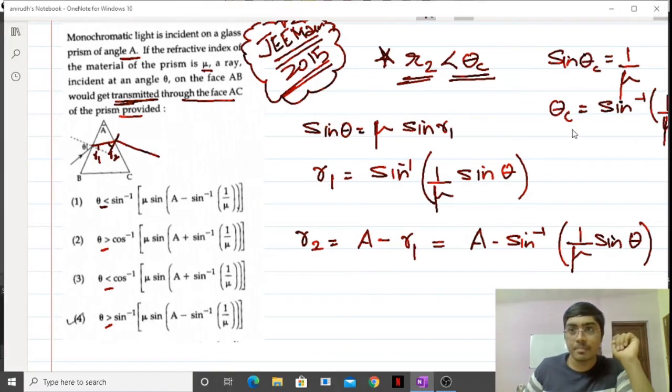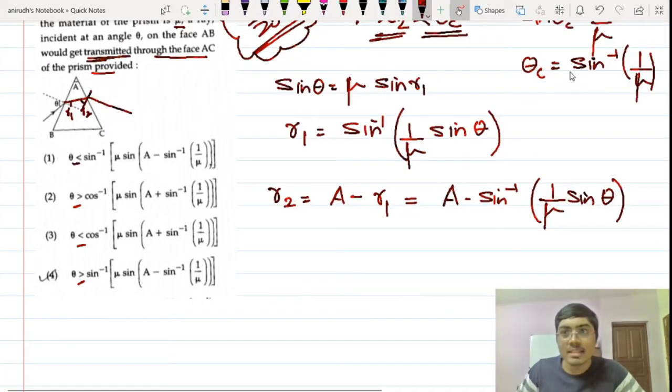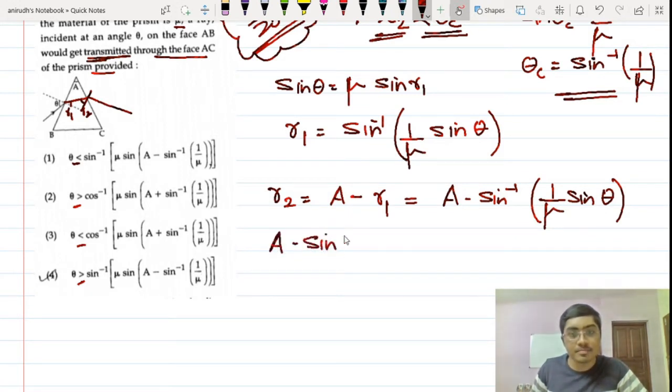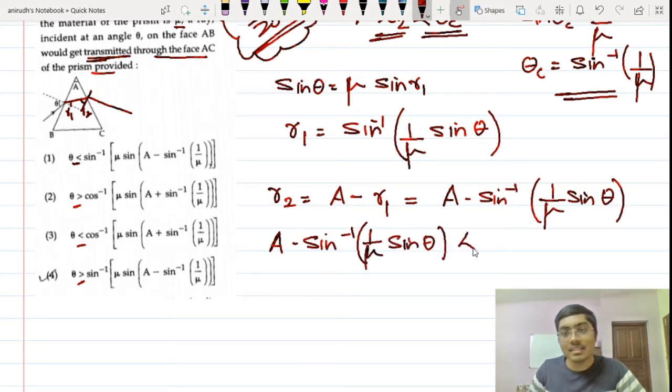So our required condition is R2 should be less than theta C, isn't it? So A minus sine inverse of (1 by mu sine theta) should be less than theta C, and theta C is sine inverse of 1 by mu.